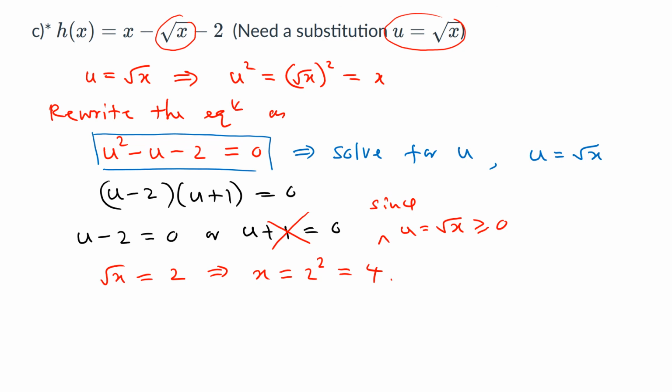So we check the value, because when you square, it can introduce extra solutions. Always, when you square, you have to check whether that's a solution, because it can introduce extra solutions which are not solutions of the original equation. When you check, you can see that it satisfies, so x equals 4 is a solution. After checking, you can see x equals 4 is the solution.